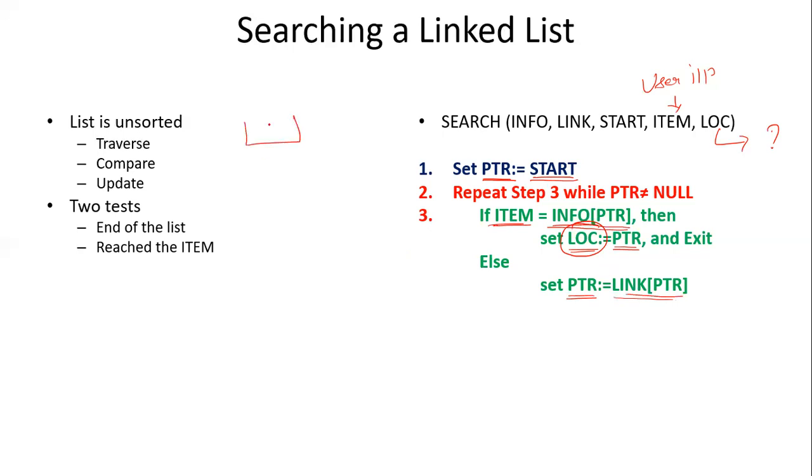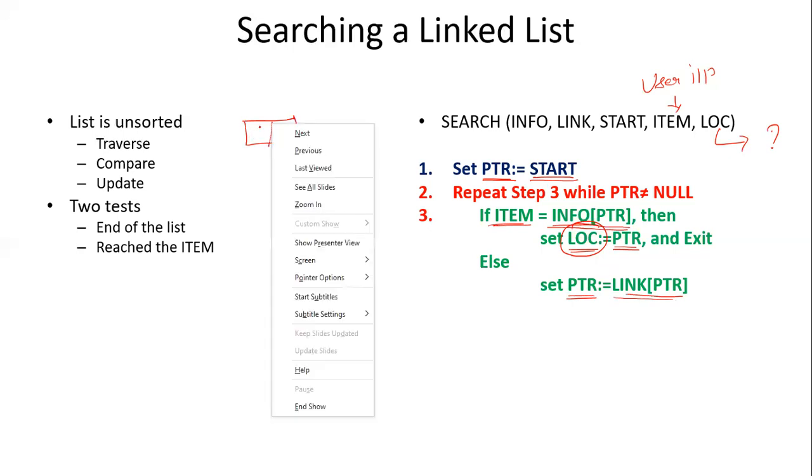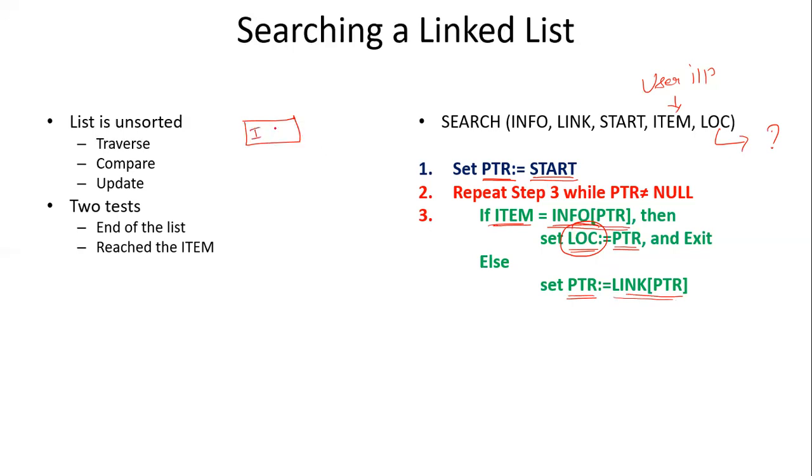In a node of the linked list, this is the information part, and this is the link part, the link address. This address will be pointing to the next node in the linked list. So PTR is now updated with this particular address. That means we have completed one node and now we are moving to the next node. Set PTR equal to link of PTR.